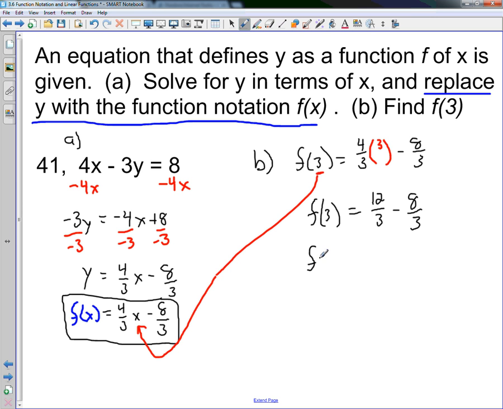We'll go ahead and subtract. So 12 minus 8 gives me 4, and I keep the thirds. If you reduce that to a 4 there, then we have to go through the process of finding the common denominator and making them common denominators again before we can actually subtract. So that's why I decided not to reduce with that problem.